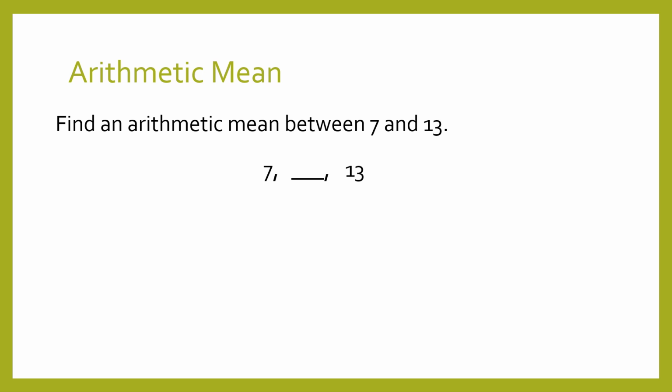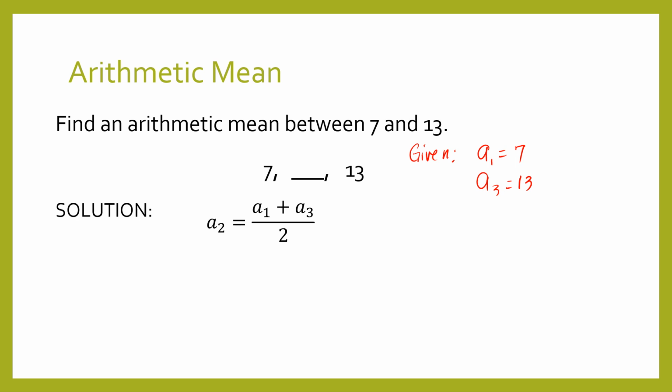I will write the given first. The given here is a sub 1 is equal to 7 and a sub n, or let's say a sub 3, which is equal to 13. Now we have to use the first formula that I've shown to you a while ago: a sub 2 is equal to a sub 1 plus a sub 3 over 2.